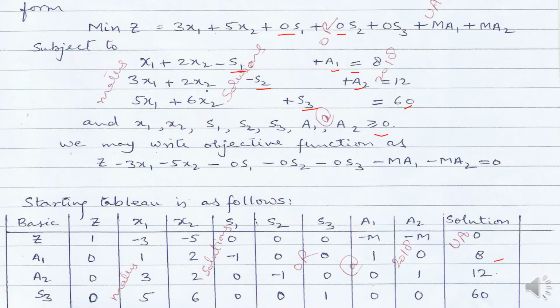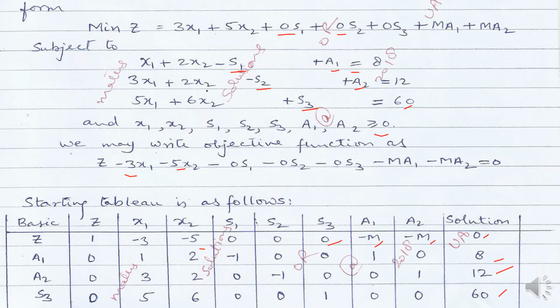We get the value of a1 as 8, a2 as 12 and s3 as 60. The z row coefficients are 1, -3, -5, 0, the coefficient of s2 is 0, s3 is 0, a1 is -M, a2 is -M, and the solution is 0.